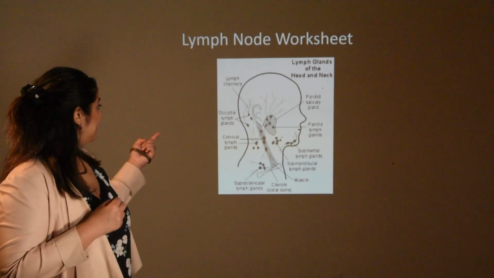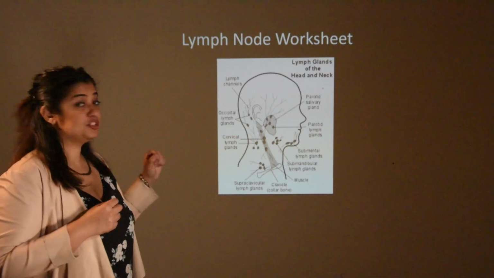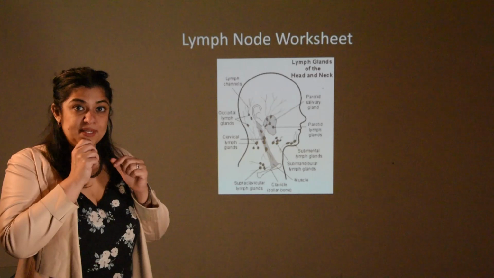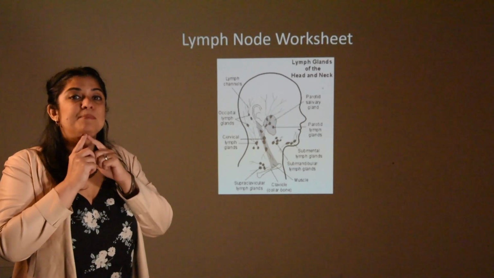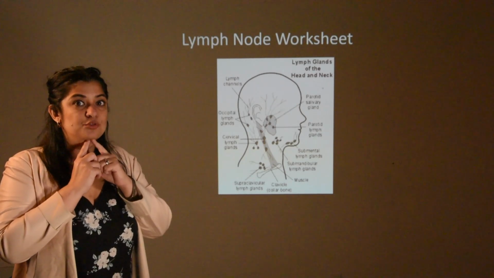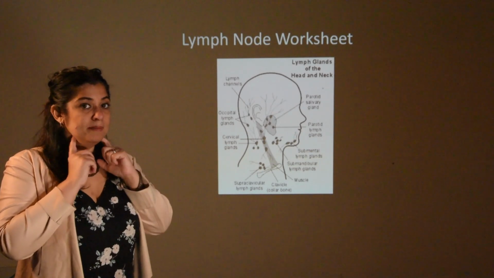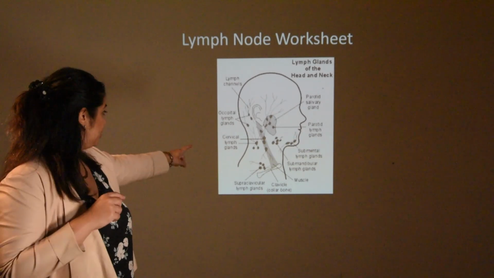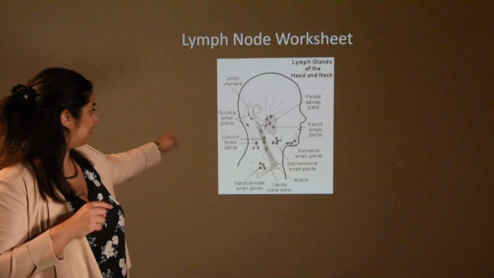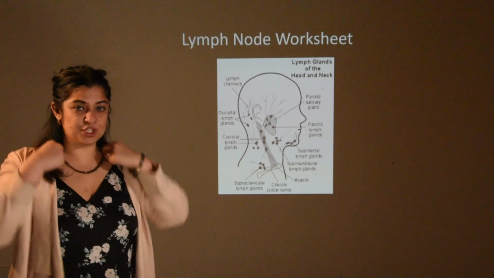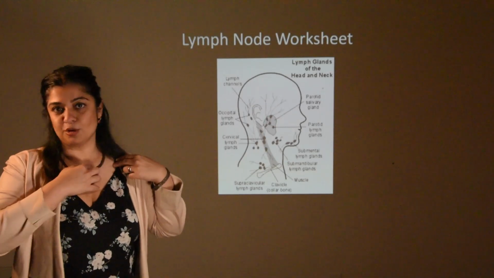Now, you also want to make sure that you are checking under this area here, which is called the mentum. Under the mentum, you have the submental lymph nodes. Here is the mandible. Right under here are the submandibular lymph nodes. You can see in the picture right there, submental lymph glands, submandibular lymph glands. This here is called the clavicle or the collarbone.